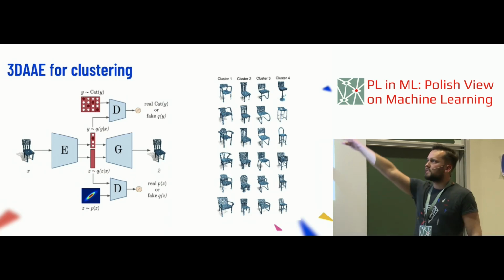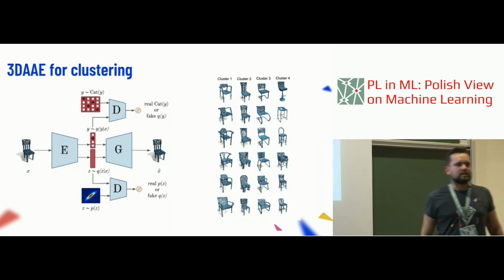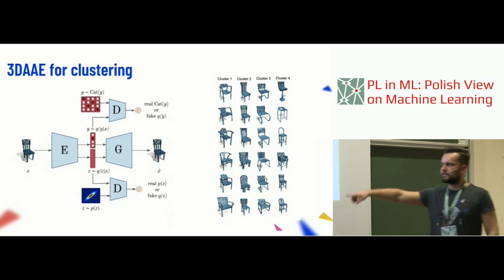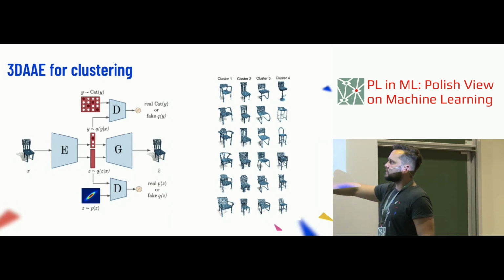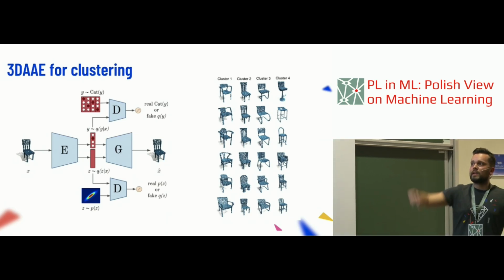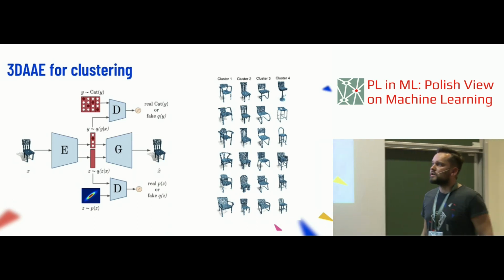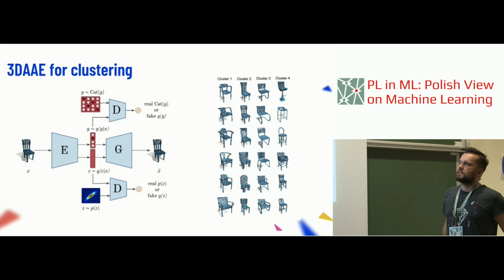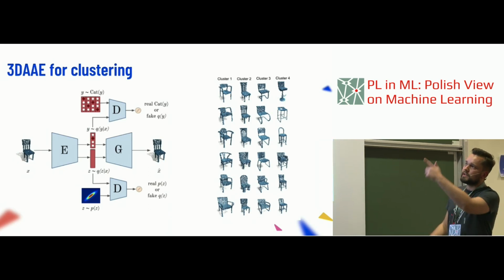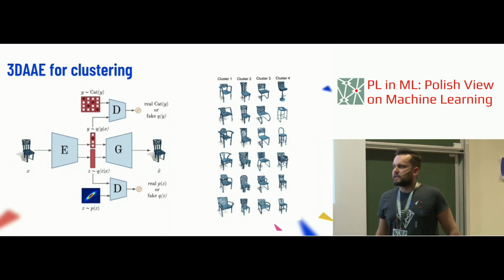So on the right side, you can see that we can discover some clusters of the chairs with particular features that can be observed. For example, we have some bar chairs or some fancy other chairs. And this is obtained during the adversarial training, where we sample Y from the categorical distribution, and the discriminator is trying to distinguish between the true samples from the categorical distribution and the fake samples generated by the encoder. So the encoder is generating Y samples and Z samples in parallel.